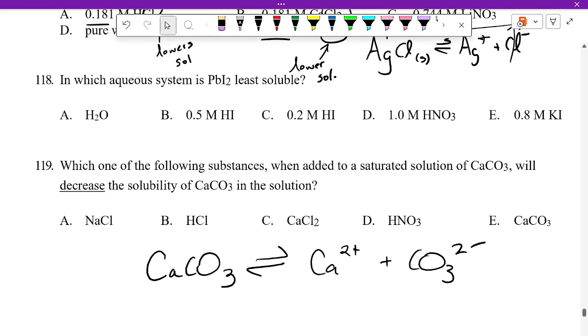Okay. So we want to decrease the solubility. So what will sodium and chloride do? Will they change the solubility? No change. What will HCl do?